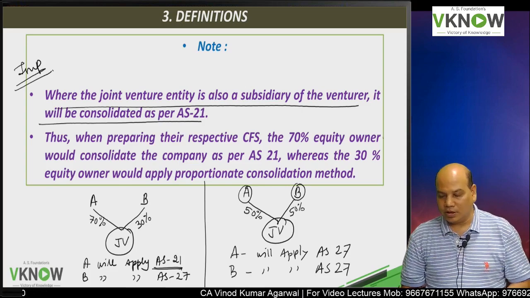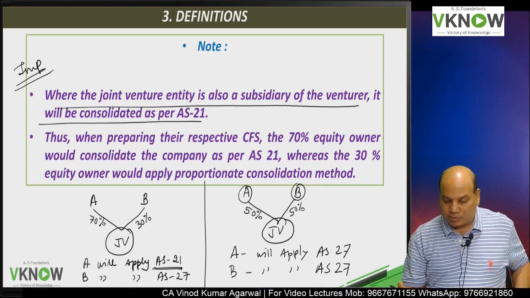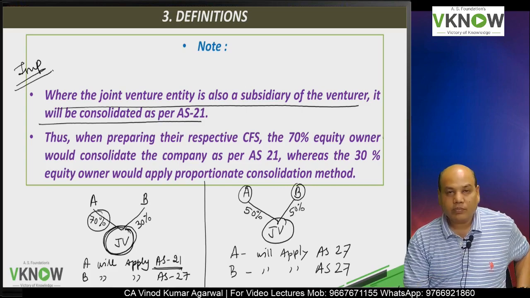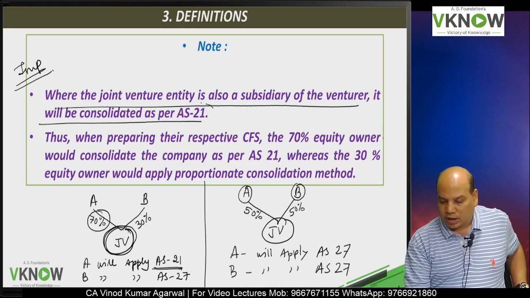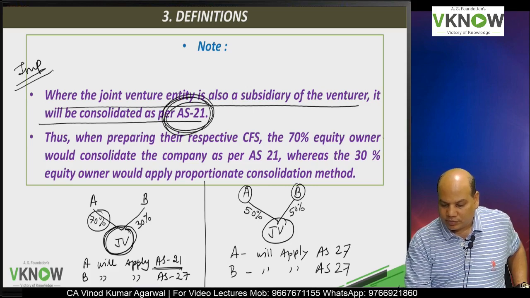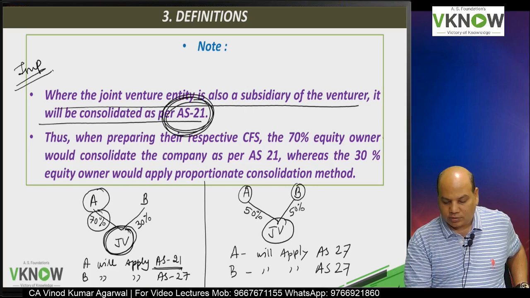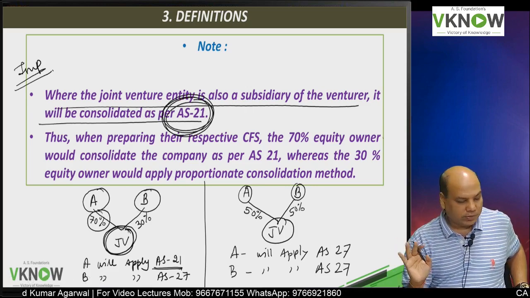So even though there may be a joint venture arrangement, if you are holding more than 50% share in the joint venture, the applicable standard is AS21 for this venturer, and for this venturer B, AS27 will apply.